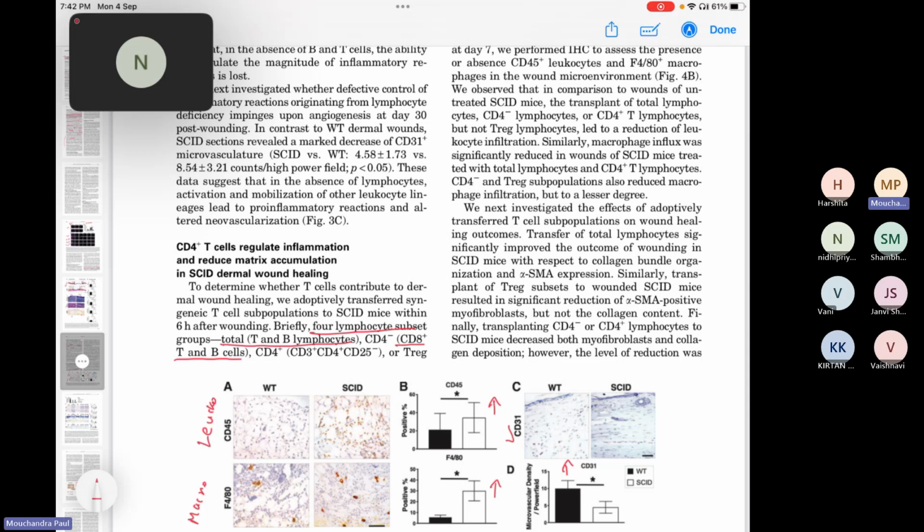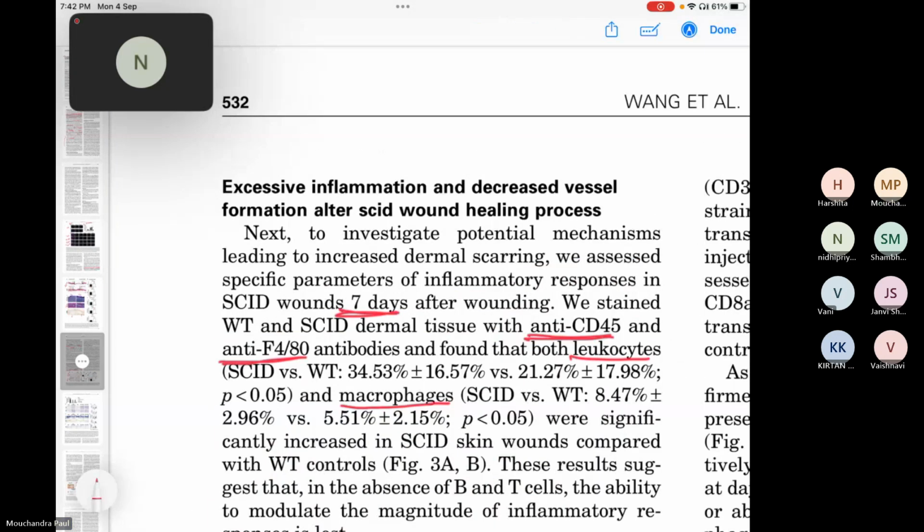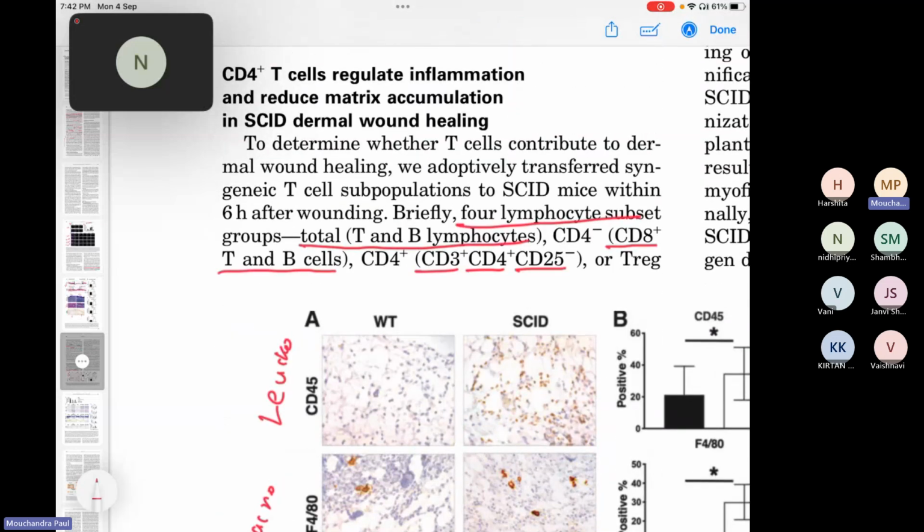This is another subgroup that they injected. Next there is only T cells of subtype CD3, CD4, and CD25 minus. They gave short names to these subgroups. I will briefly mention them here so that you remember them. So there are total lymphocytes.